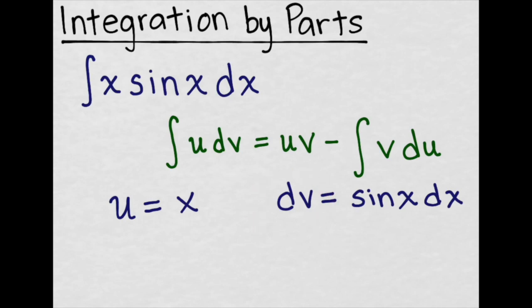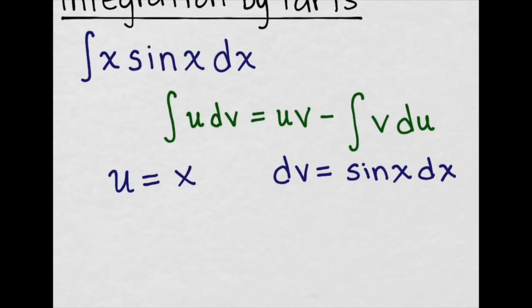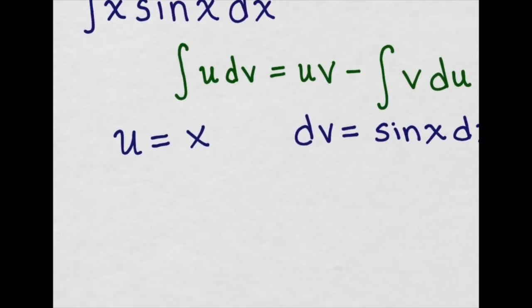So the next step, once we've found what u and dv need to be, which is often the most difficult part because it's not always obvious, is to identify what v is and what du is. So let's do du first. How do we do that? Well, we can take the derivative of u and say du with respect to dx is, well, what's the derivative of x?